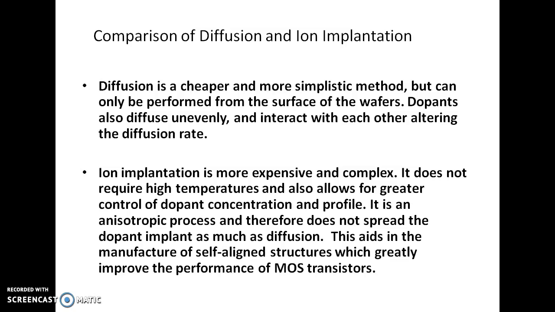Whenever we want to dope deeply, we use ion implantation so that the high energy ion beam can go into the lower layers of the substrate. Each one has its own advantages and disadvantages, and we prefer according to our application.